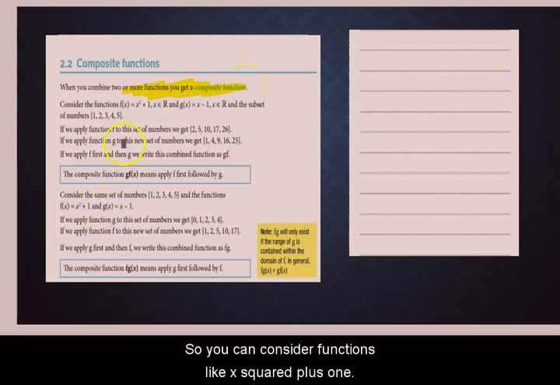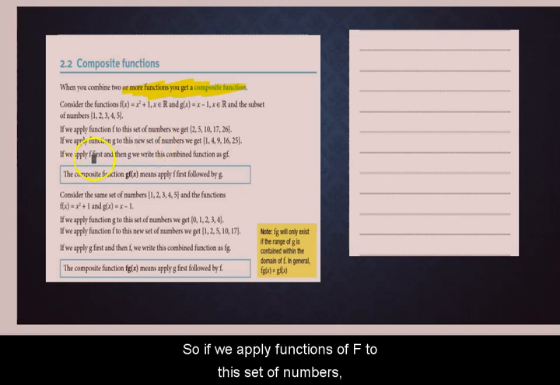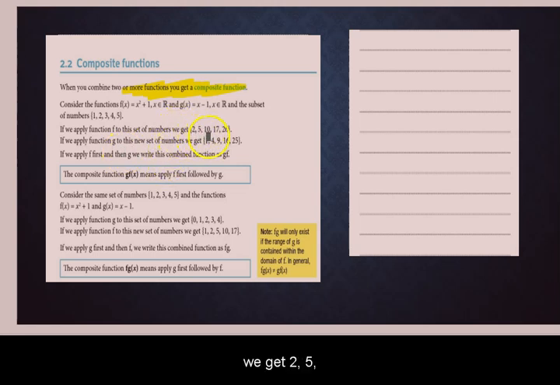So you can consider functions like f of x equal to x squared plus 1, where x is a member of R, a real number, and g of x is x minus 1. Of course, we know that x is a real number. So if we apply function f to this set of numbers 1, 2, 3, 4, 5, we get 2, 5, 10, 17, 26.